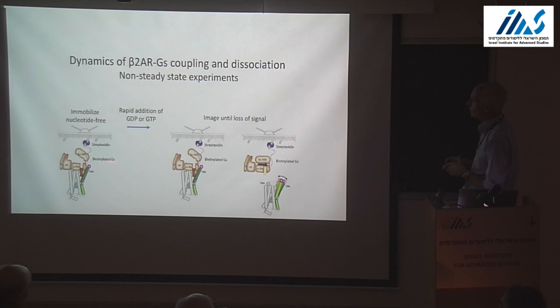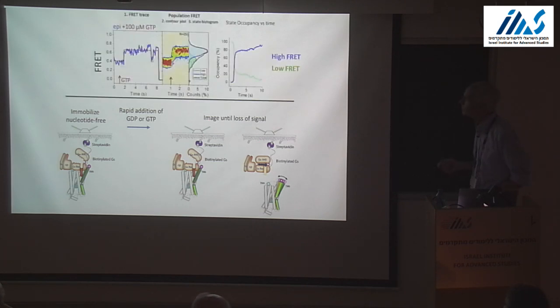So we immobilize the G protein, and we add receptor. So this is nucleotide free, and then we add either GTP or GDP and look at what happens. So in this experiment, this is an epinephrine, adrenaline-bound receptor coupled to G protein. So it starts at low FRET.